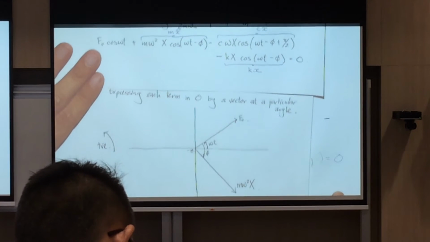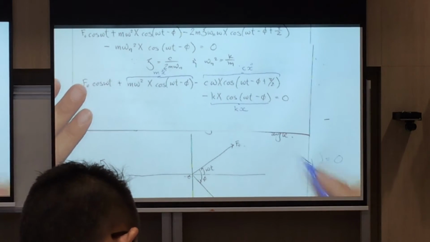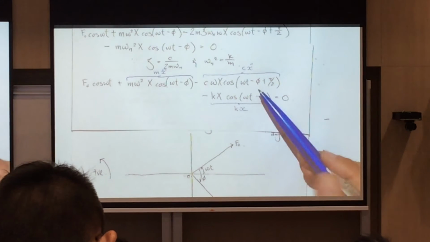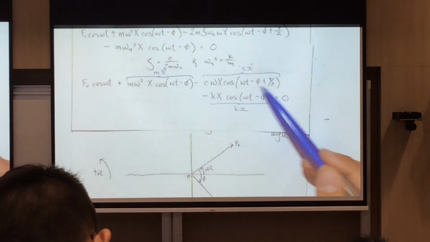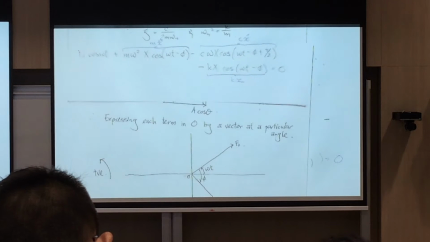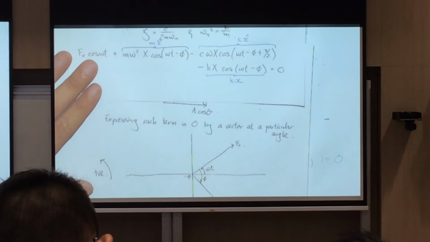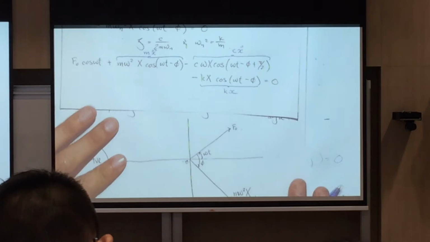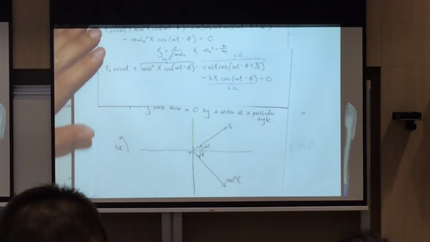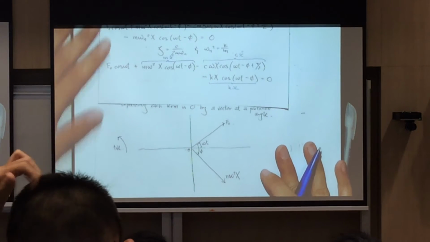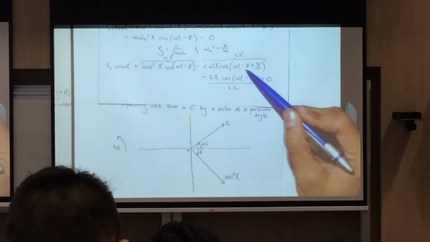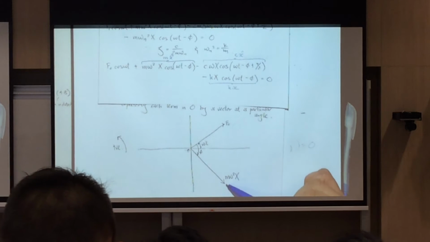Let's look at the third one. Minus c omega x cosine the angle. So let's look at the angle first. Omega t minus phi plus pi over 2. So where do you think? Okay, omega t minus phi brings us here.